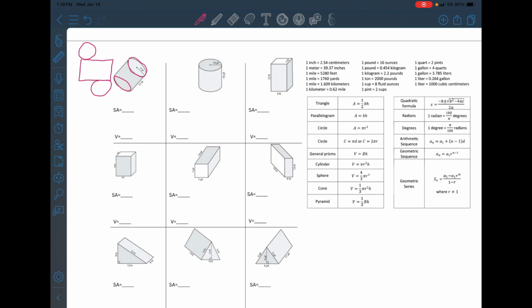So we have a circle here, and it's 7 inches, and this circle is the same. And then we have this rectangle that's 11 inches high, and the length of it here is what it takes to go around this circle, and that's called our circumference.